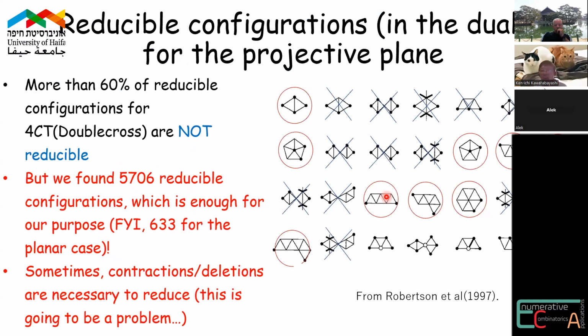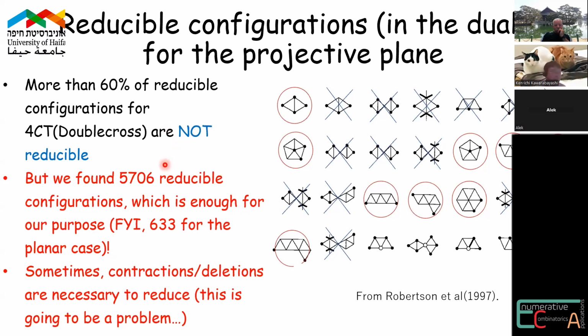Now, here's something interesting happening to us. Robertson, Seymour, Sanders, Thomas have a list of 633 reducible configurations that is necessary. It turns out almost 60% of planar reducible configurations are not reducible for us. That's a problem because we really have to find a lot of things by ourselves.